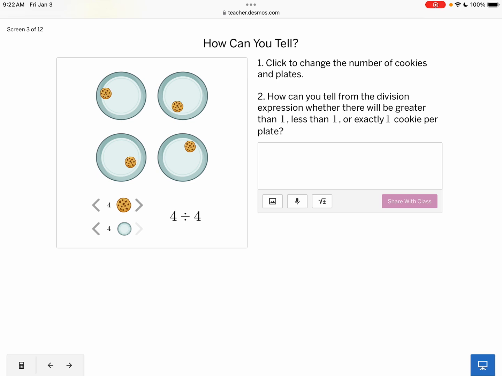But if it's 4 plates and 4 cookies, then there's 1 whole cookie on each plate. If I change it so there are more cookies, then I would have more than 1 cookie per plate. So it all depends on however many cookies and however many plates there are. If you want to play around with this slide, you certainly can on Desmos.